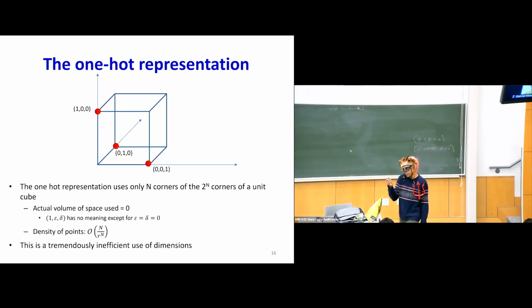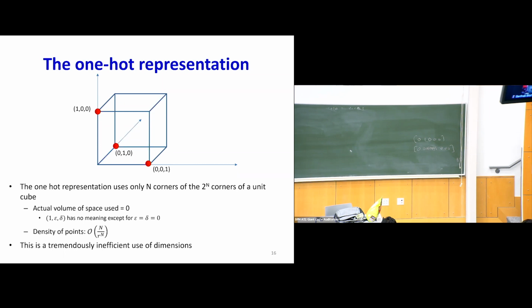Just wiggling the numbers off by a teeny, teeny epsilon gives you something completely meaningless, right? So you have all of these points, and you're using exactly 0 volume of the space, because every point is just an isolated point.